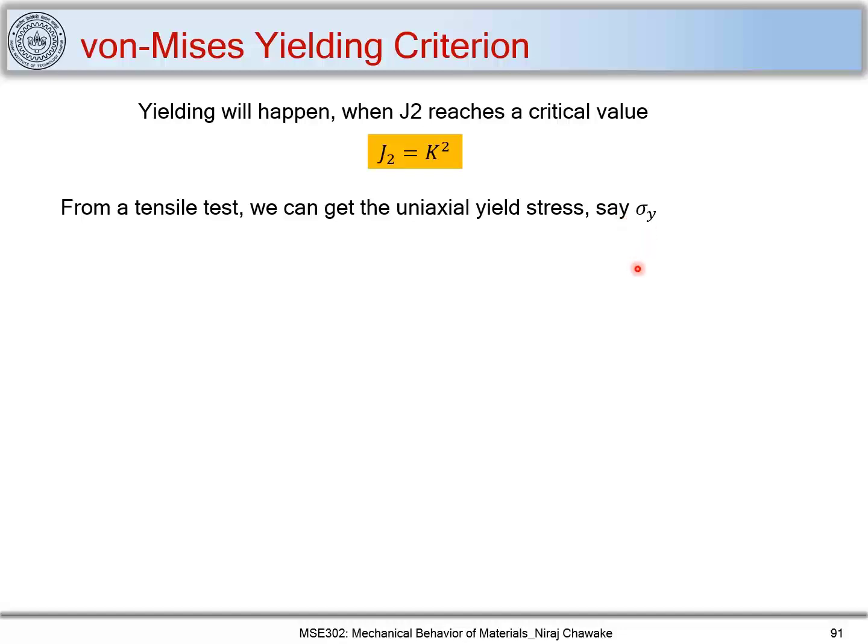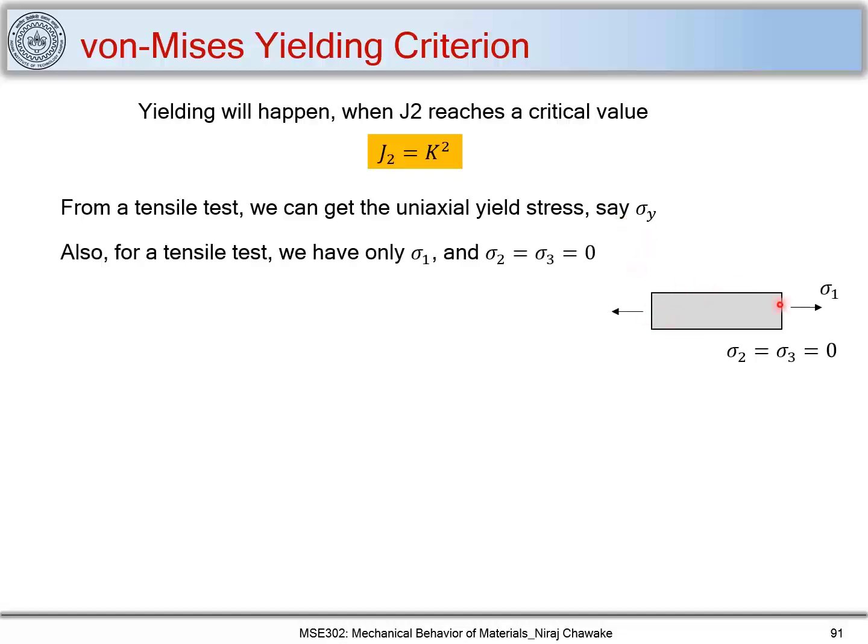Let's consider a tensile test here, where I apply a uniaxial tension stress as sigma 1, and here sigma 2 equal to sigma 3 equal to 0. So this is the stress state we have, and we can find J2 for this given stress state, that is uniaxial tension.